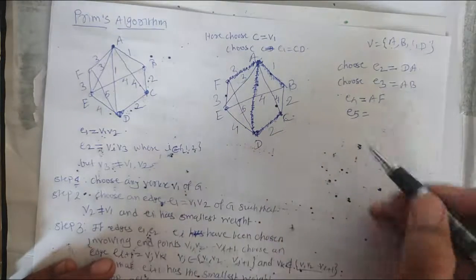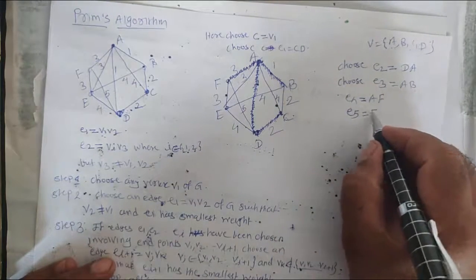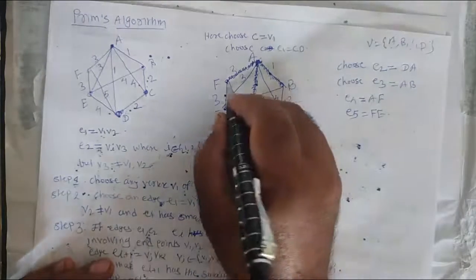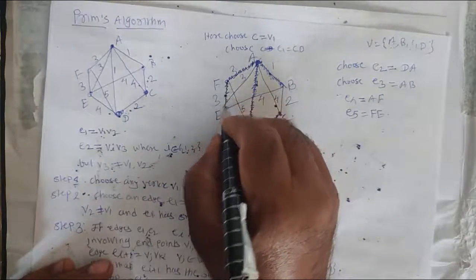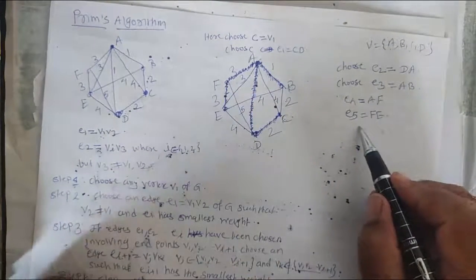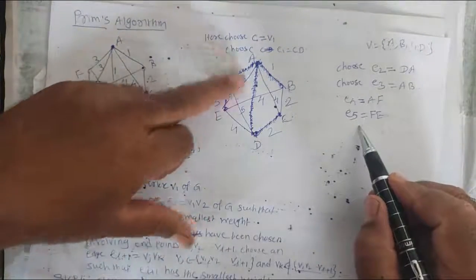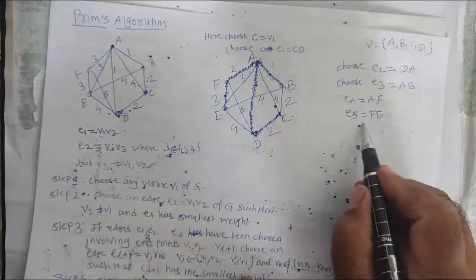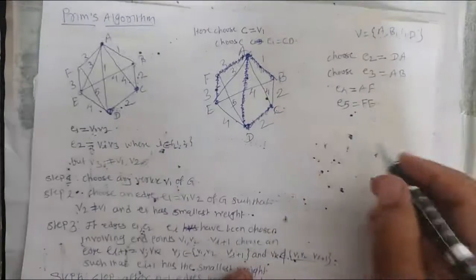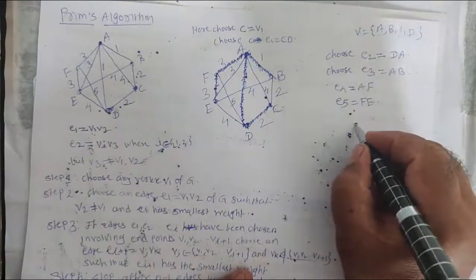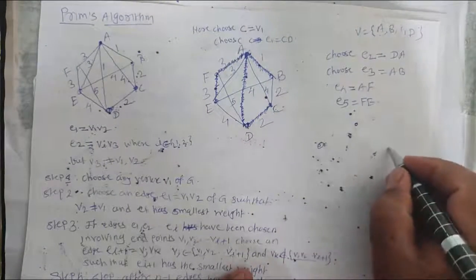That means this edge E5 is FE. We have already chosen 5 edges in a graph of 6 vertices, so we stop here.